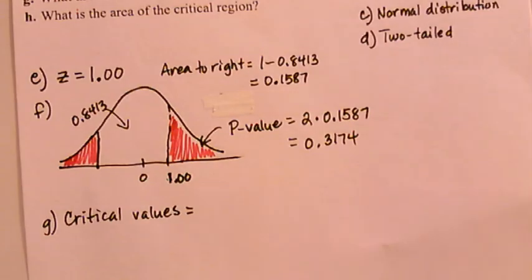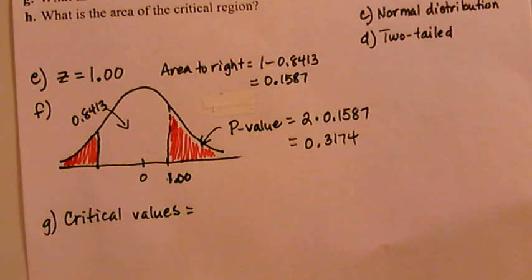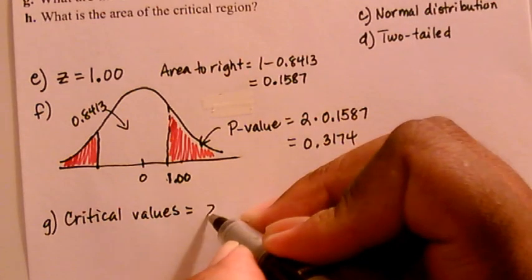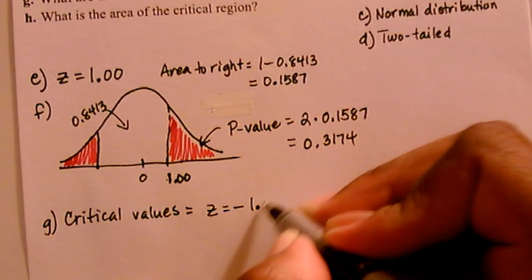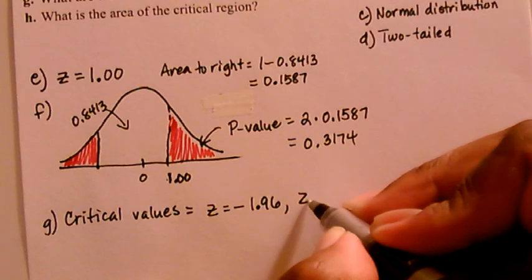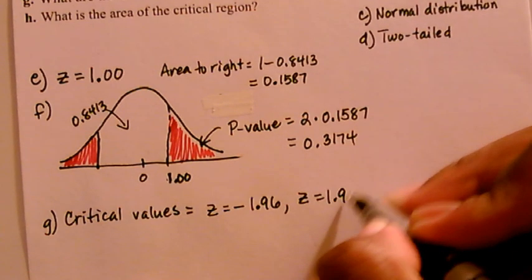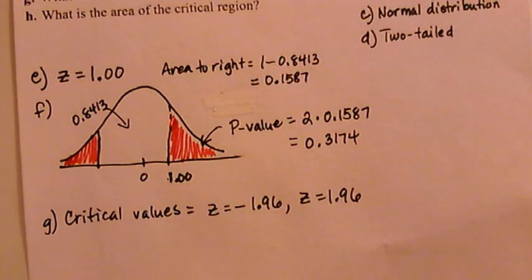And since it's a two-tailed test, we have 2 critical values. One will be z is equal to negative 1.96, and z is equal to positive 1.96. Okay.